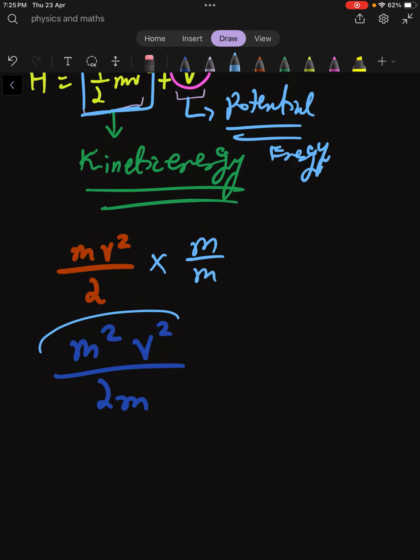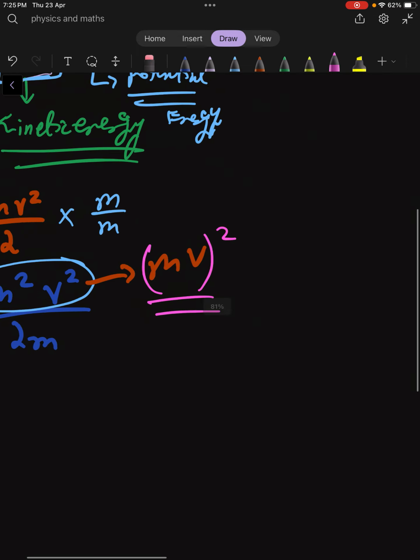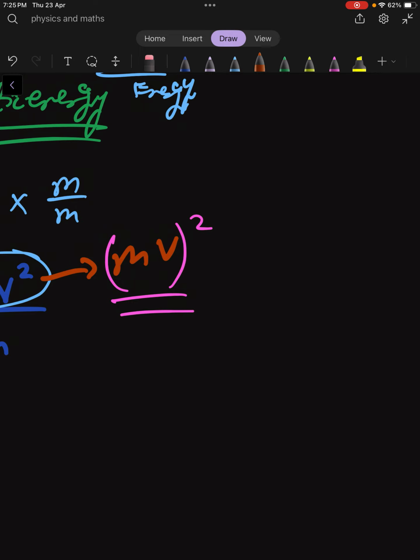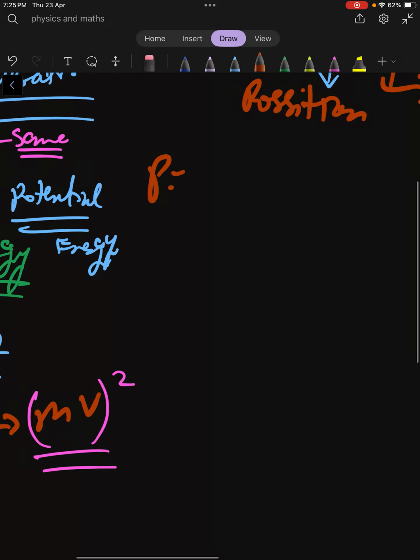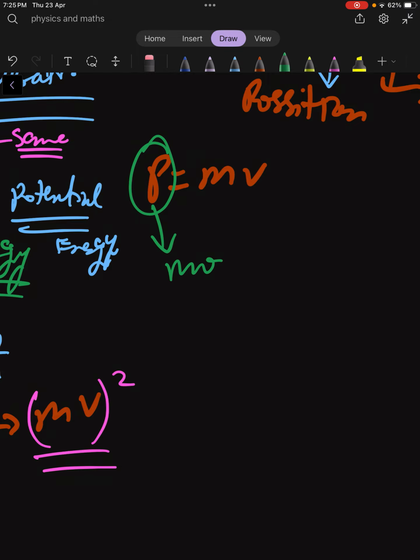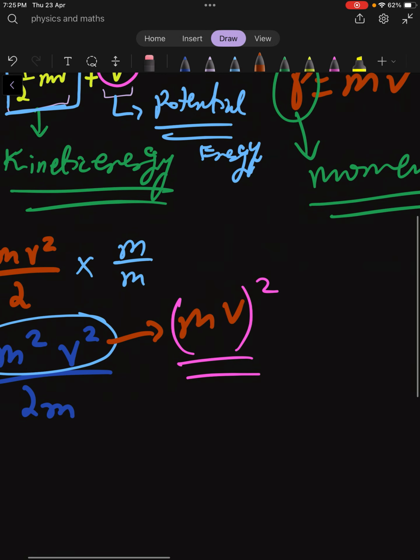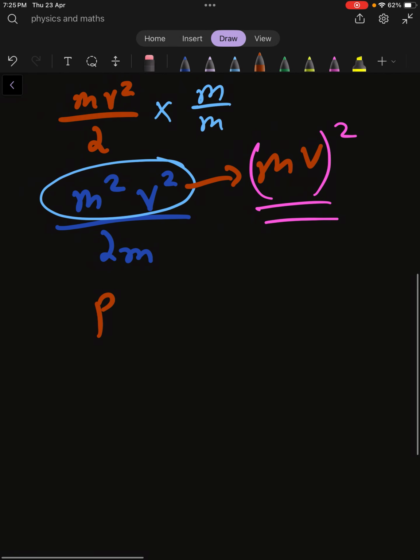Now I can write this m square v square as (mv) whole square. We all know that mv is nothing but momentum. So this mv can be replaced by p, giving p square over 2m.